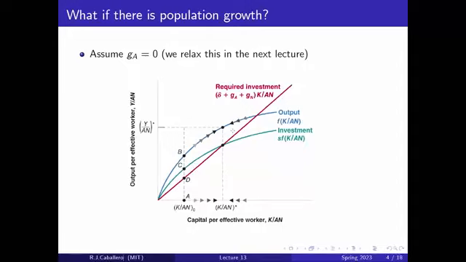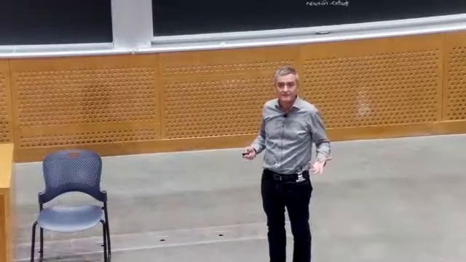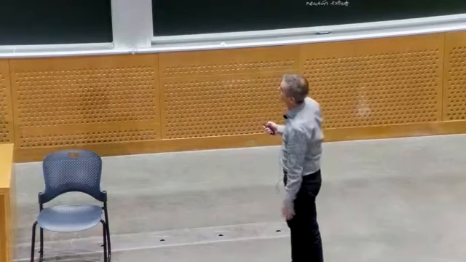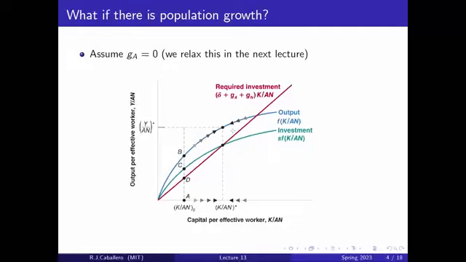So that means the red line that represents the amount of capital I need to maintain the stock of capital constant is greater than how much society is saving and therefore investing. So what will happen to capital per worker? Decrease. Exactly, because you need more than you're investing. So the capital stock has to decline. And that's what will happen. The new steady state is going to be to the left of that point there.